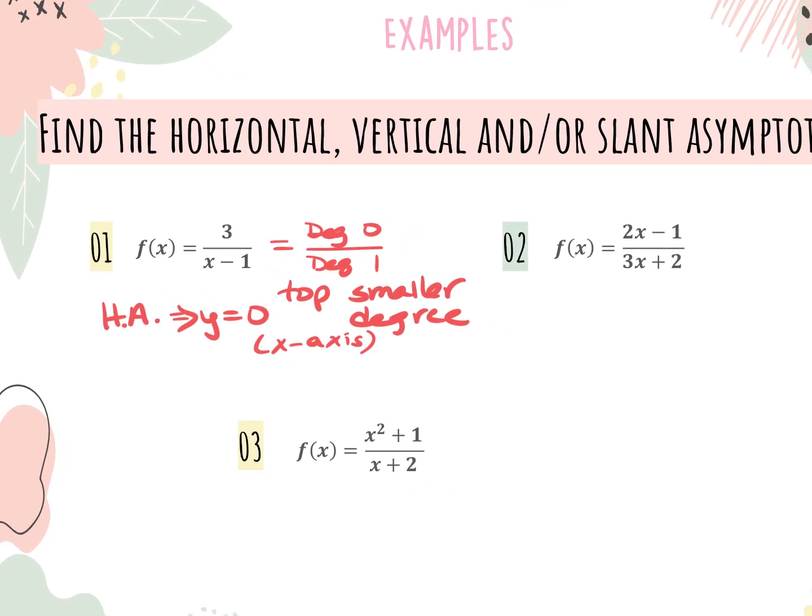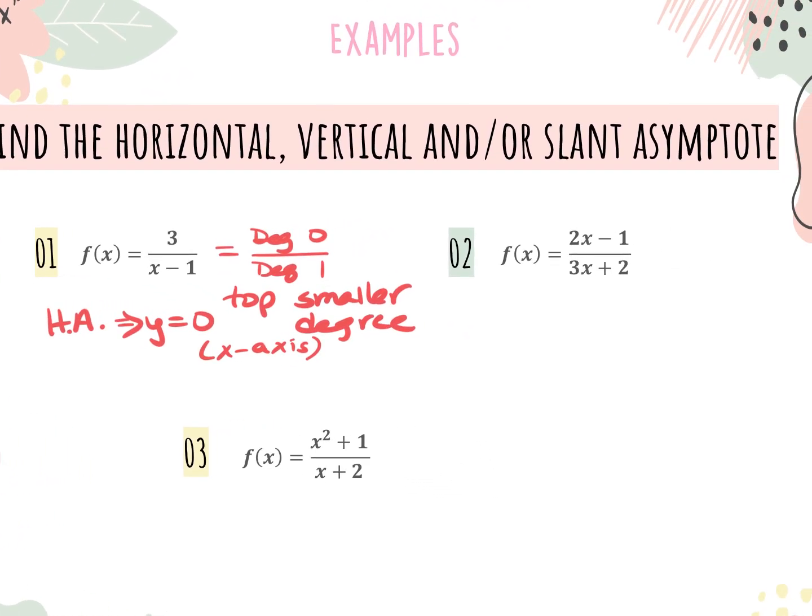So for the next one, notice this numerator has a degree of 1, because these exponents here are assumed to be a 1. This one also has a degree of 1. When the degrees are the same, in both the numerator and the denominator, this is where we're going to use the leading coefficient.